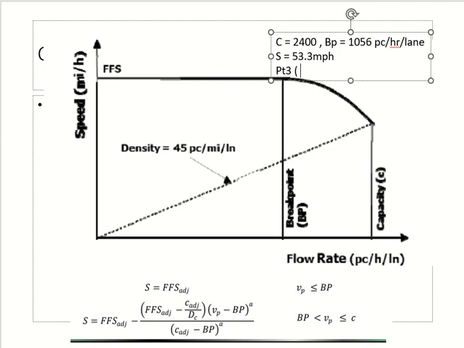I am taking, just for an example, 1500. Somebody takes 1200, fine. 1600, fine. You can take more than 2 values. You can take 1500 and then 1600 and then 1700. The more values you take, the more accurate your curve will become.